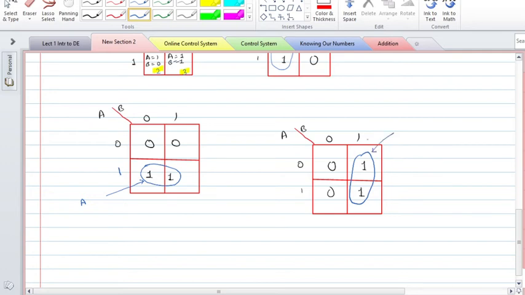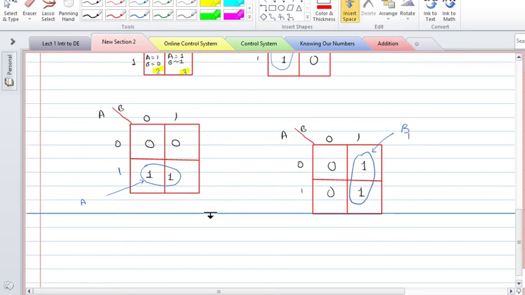So this is B, because B is equal to 1 in these two cells or in this particular group.